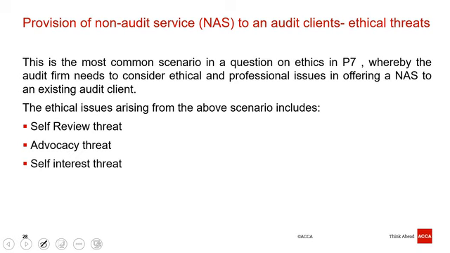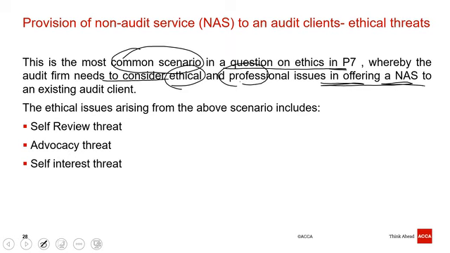Please do read the examiner article, which is tackling a P7 question on ethics, so that you are very good at identifying what ethical threats would arise if you're offering a service to your existing client. This is the most common scenario in a question on ethics in P7, where the audit firm needs to consider ethical and professional issues in offering a non-audit service to an existing client.